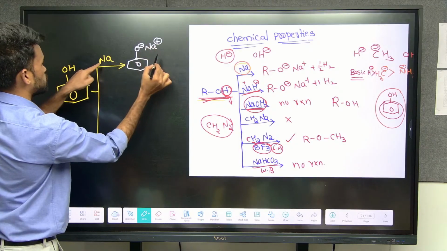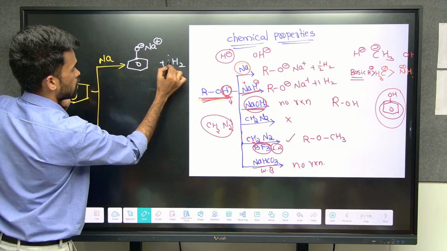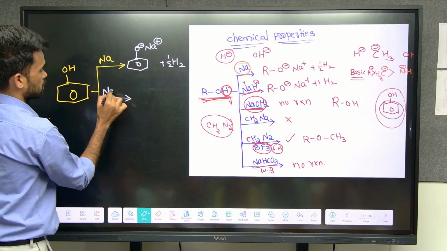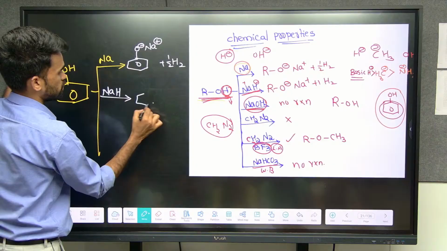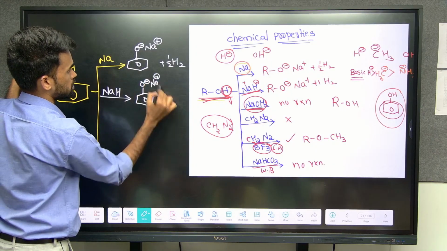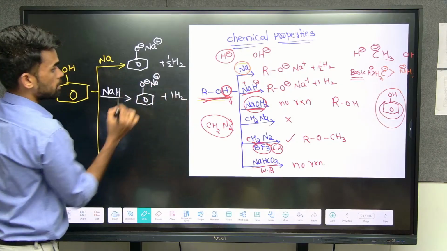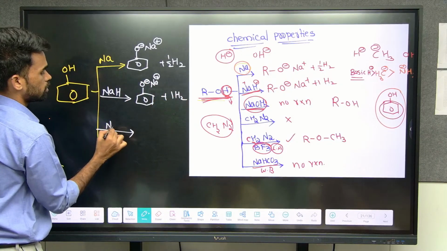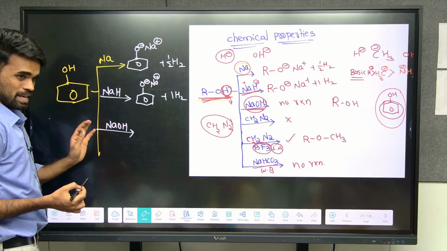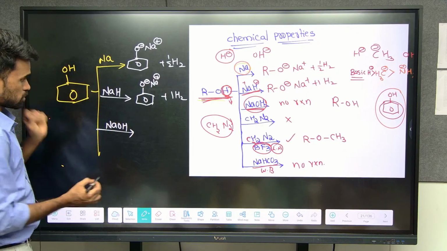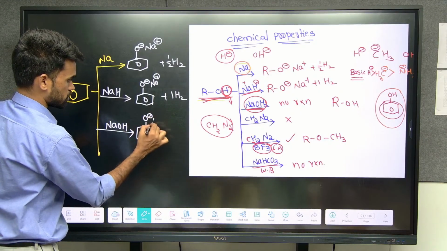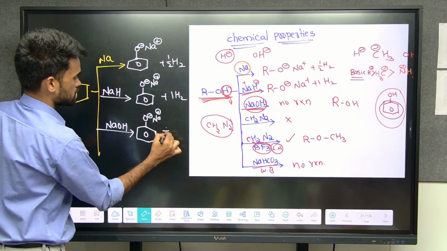So H plus and electron becomes H2, half H2 I am writing. Next one is sodium hydride. So here also it forms Na plus, and H2. Next one we have NaOH. Sodium hydroxide is a stronger base that can abstract this proton. It means it becomes sodium phenoxide plus H2.